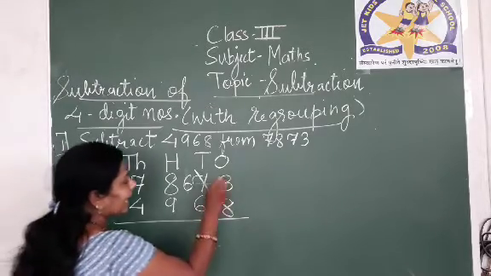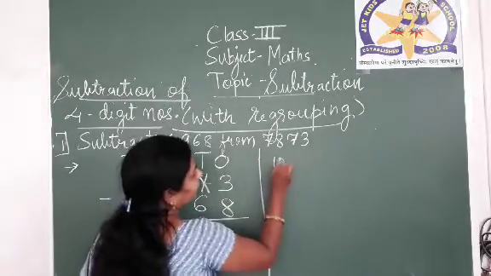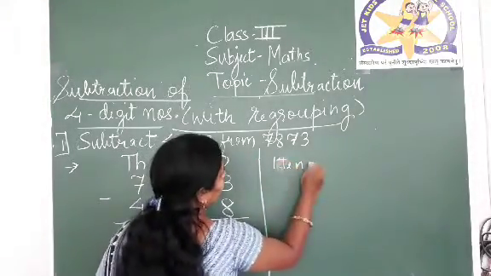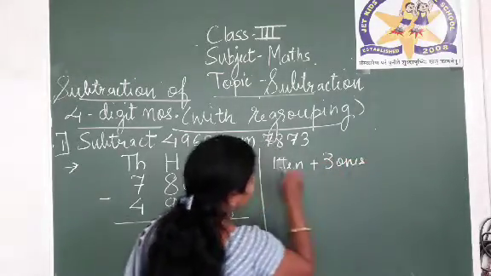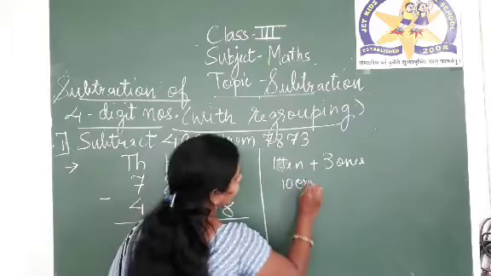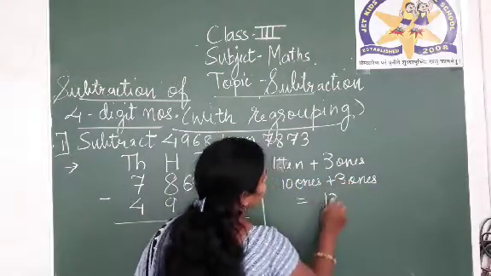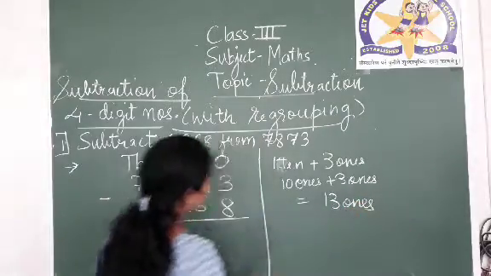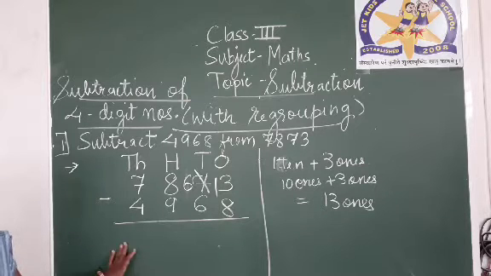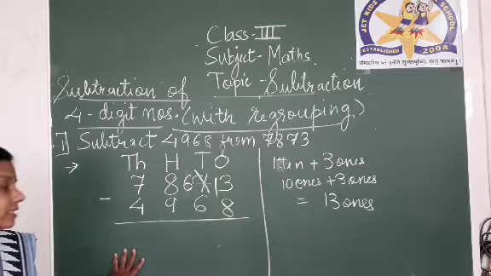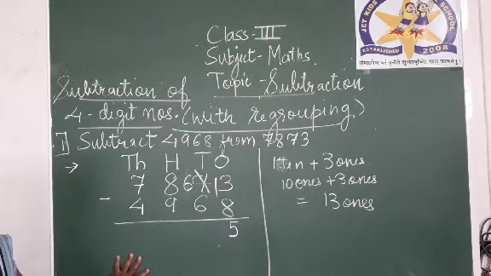And the 1 ten which I have borrowed, 1 ten means 10 ones, plus 3 ones, becomes 13 ones. Now 13 minus 8. What is 13 minus 8? It is 5.